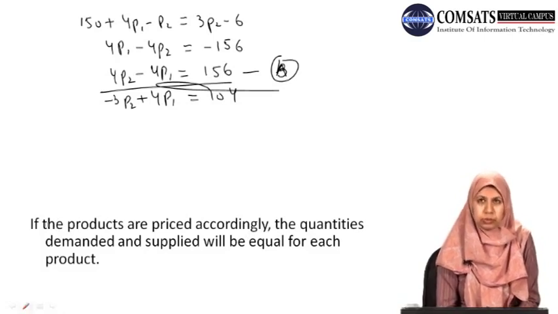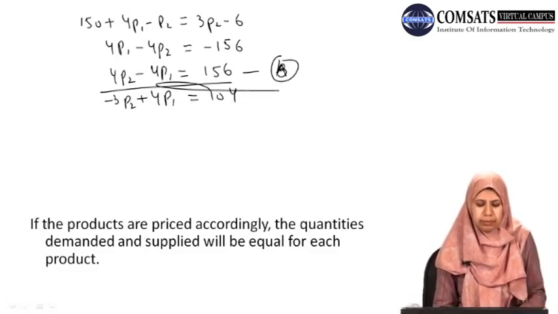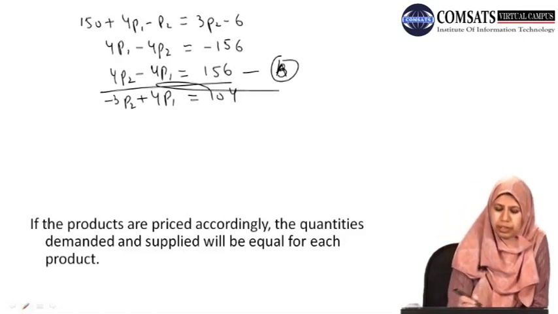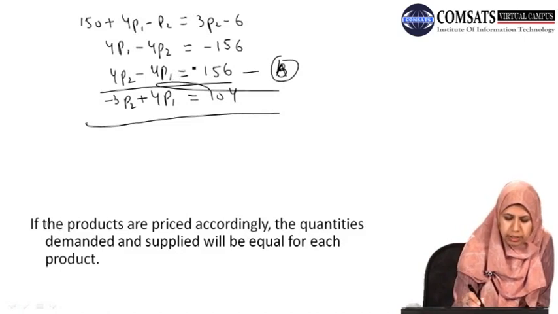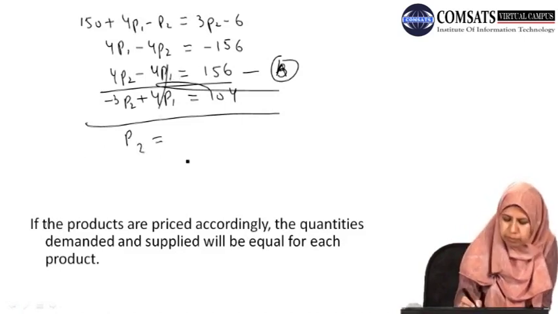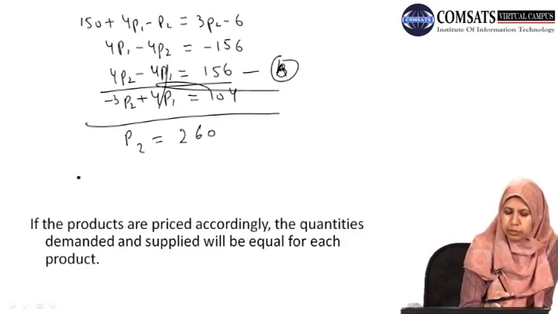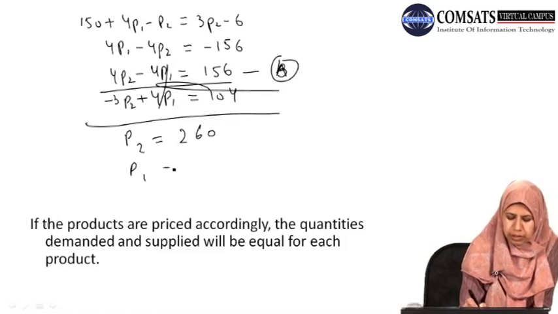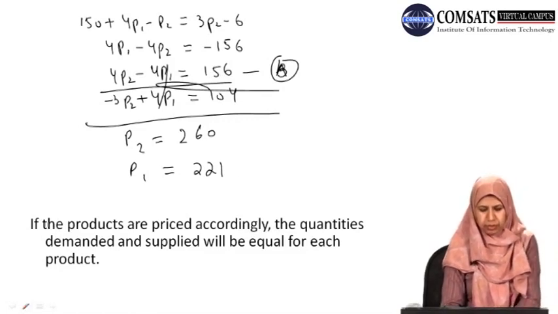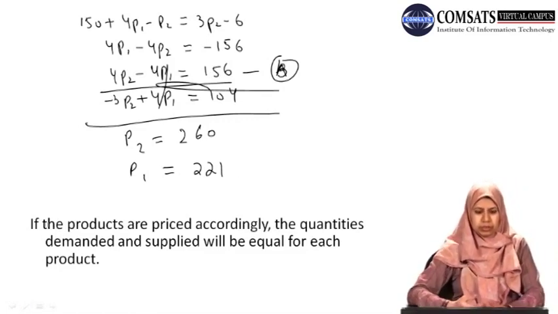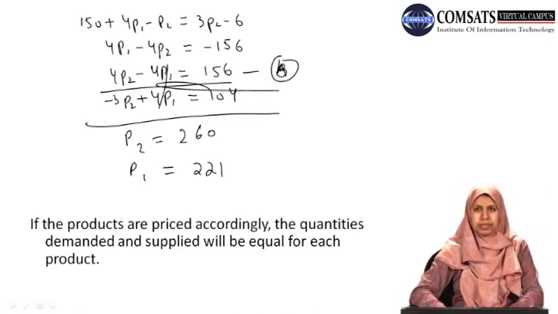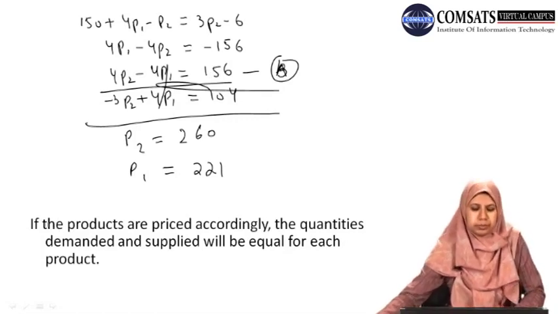We can easily solve these two equations simultaneously to find the values of the prices P1 and P2. We can simply add them and we obtain P2 equals 260. Putting the value of P2 in either of the equations A and B, we obtain the value of P1 as 221, which means that if the products are priced accordingly, the quantities demanded and supplied will be equal for each product.